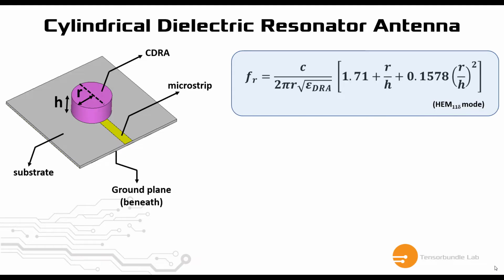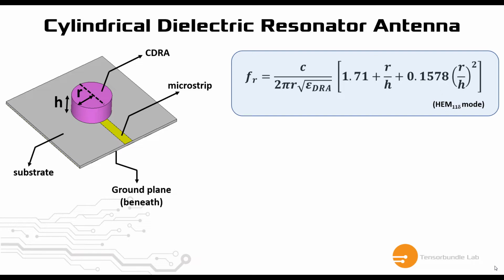Now, you should also be aware that this same cylindrical dielectric resonator antenna can be excited by using different modes, for example, transverse electric or transverse magnetic modes, and then you have to calculate the frequency of those modes with different expressions.